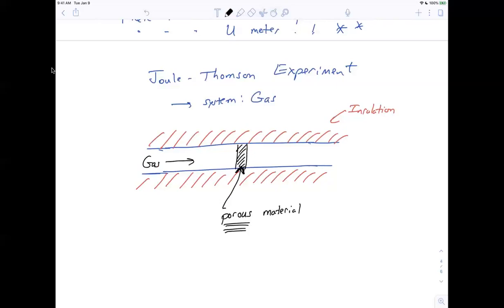It's going to cause some obstruction to this flow of gas, but it's not going to prevent the gas from flowing. So if you have a certain amount of gas coming in on the left, it will all go through the porous material. It'll just be that there's some obstruction and there'll be some consequences of this obstruction. So we then have gas coming out here. Okay? So that's what this porous material does.